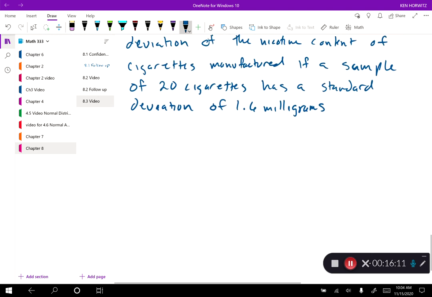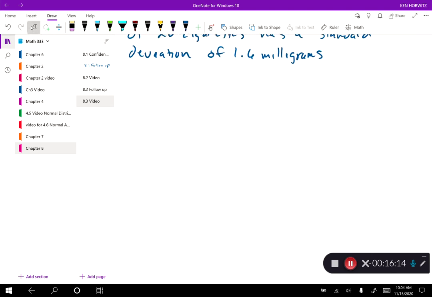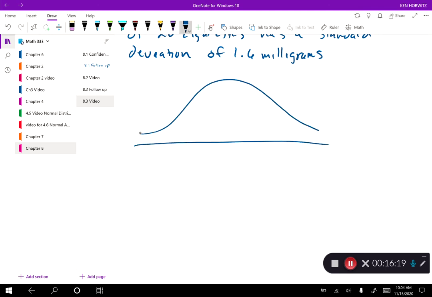All right, so I'm going to scroll that up a little bit. So if we have a 95% confidence interval, there's my left and right values, 0.95. My chi left value and my chi right value.